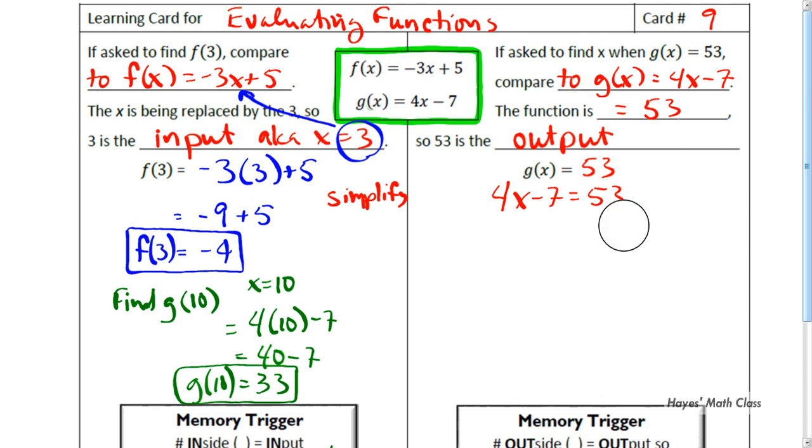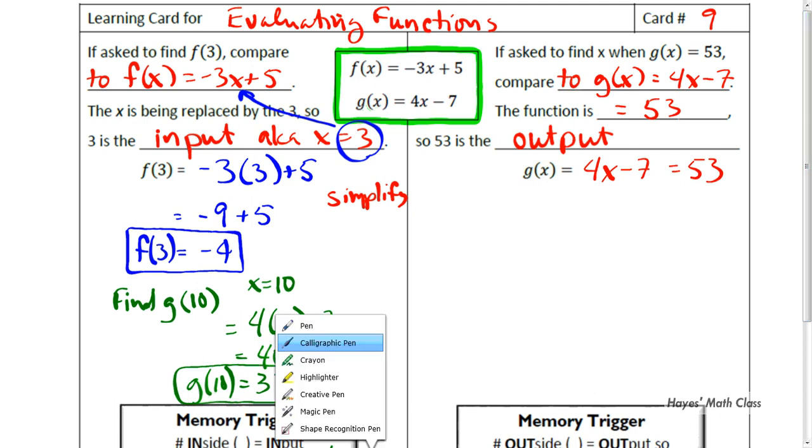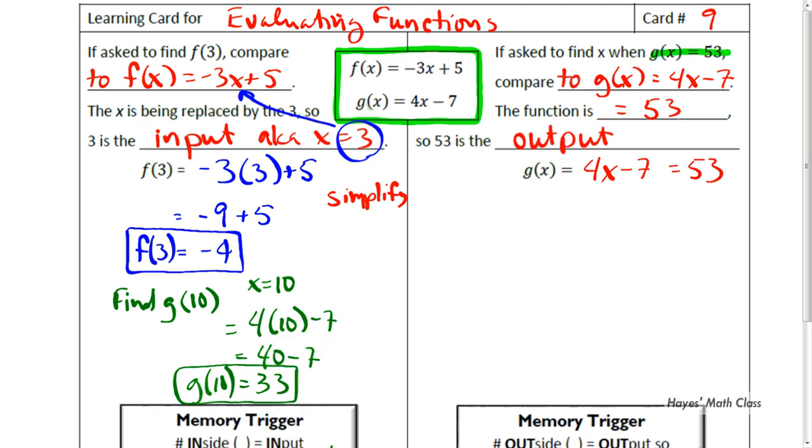Some people would actually write it like this, which you can do. So g of x is 4x minus 7. It's also equal to 53, because that's what the problem says right here. So the two things are equal. And if the two things are equal, then you can set them equal to each other, and then guess what? Solve it.